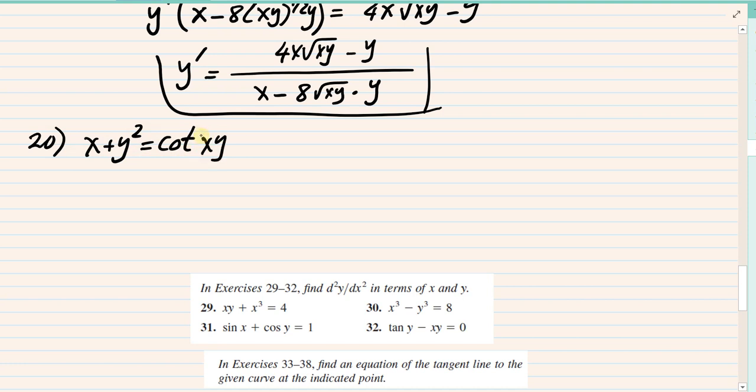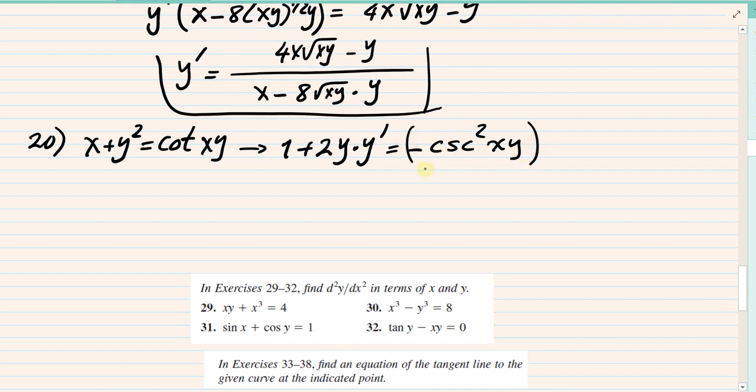So exercise number 20. First, I'm going to take the derivative of the left side. Derivative of x is 1, derivative of y squared is 2y, and then y prime. Because of chain rule, remember y is a function of x. That's why y prime shows up. And then derivative of cotangent, that's going to be negative cosecant squared xy, right?